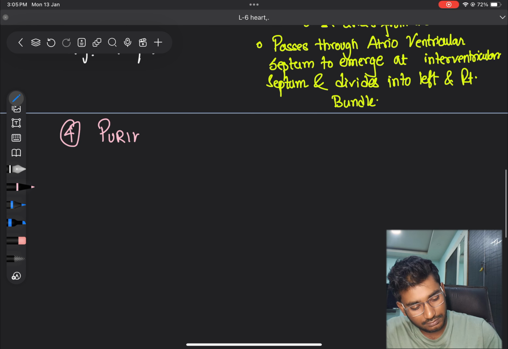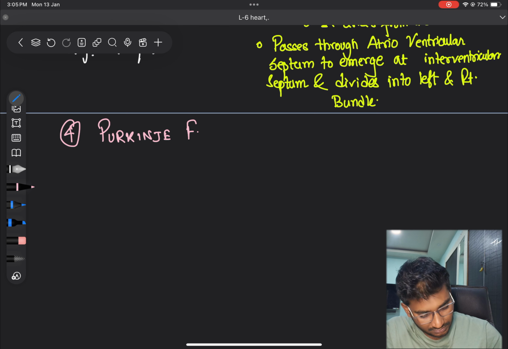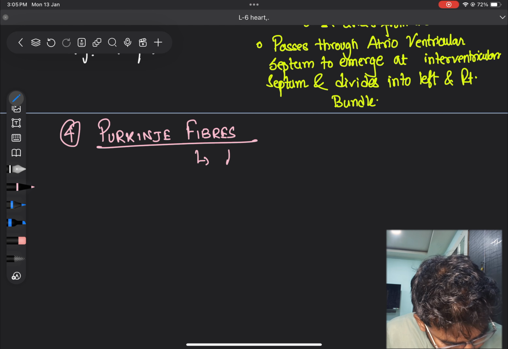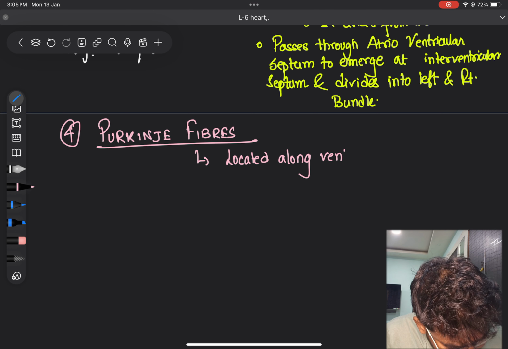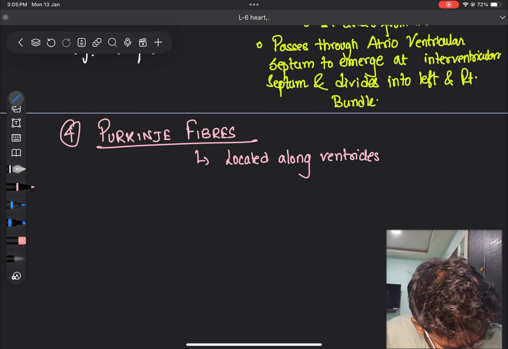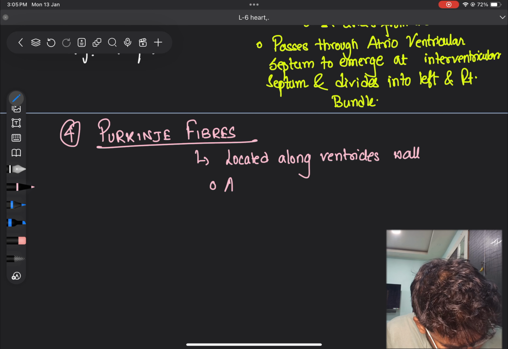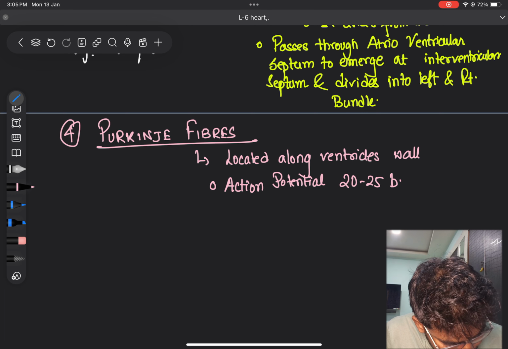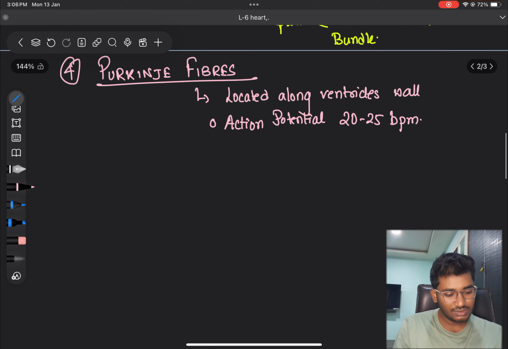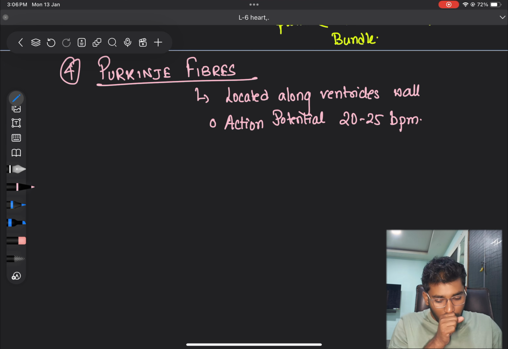The Purkinje fibers are located along the ventricular wall. The action potential rate is 20 to 25 beats per minute. Okay, so have you got it?